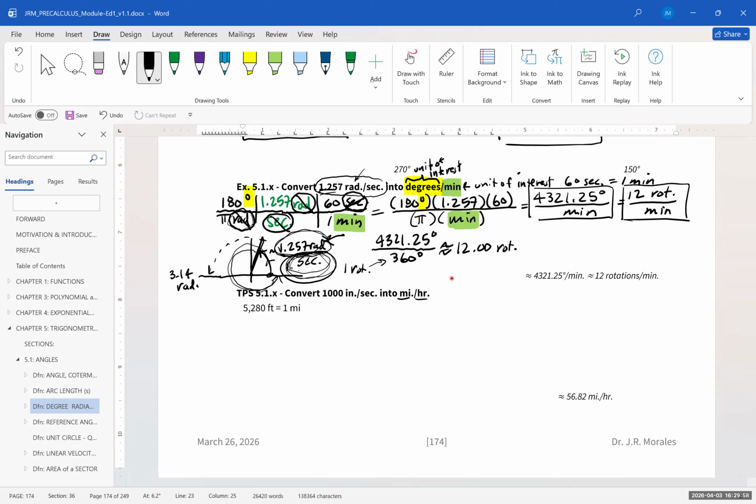Okay, so we're back. All right, so this is our unit of interest. Let's just start with that. So we know that 1 mile is equal to 5,280 feet. Let me give myself a little bit more room there.